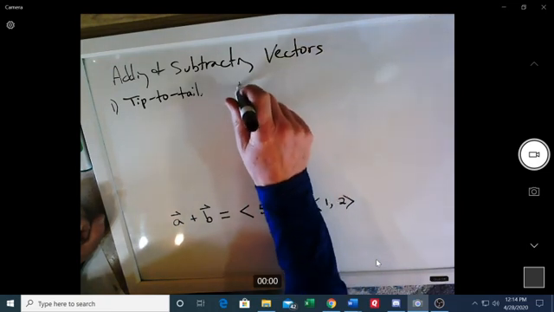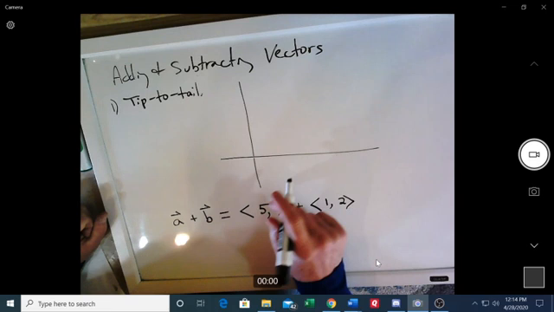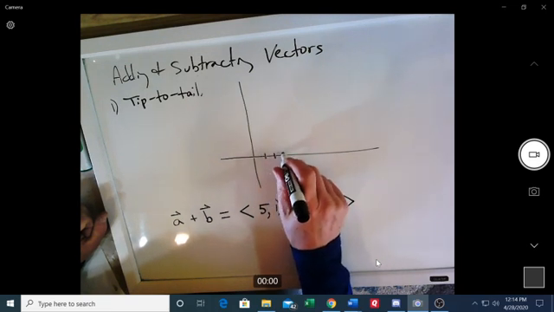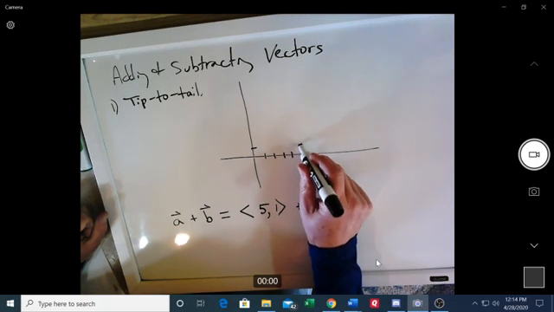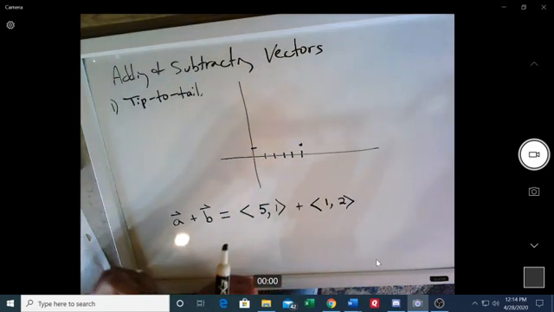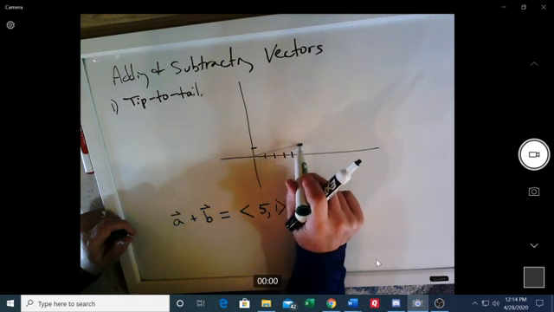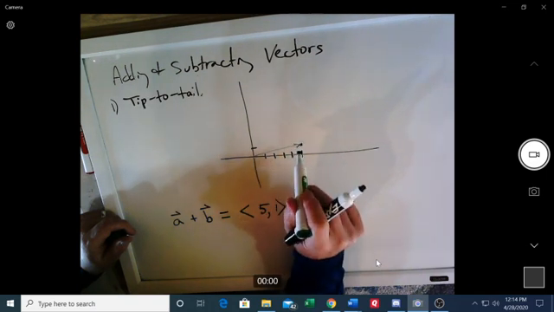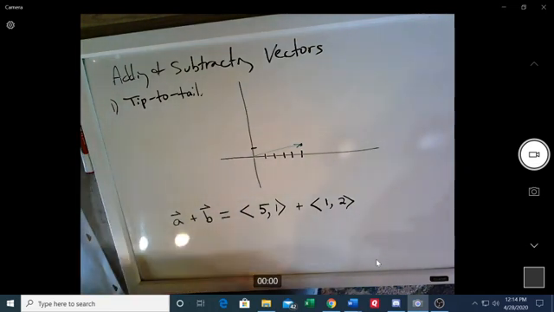But let me just draw a quick picture. As if the vector 5, 1, 2, 3, 4, 5, 1 is right here. That might be like an airplane.